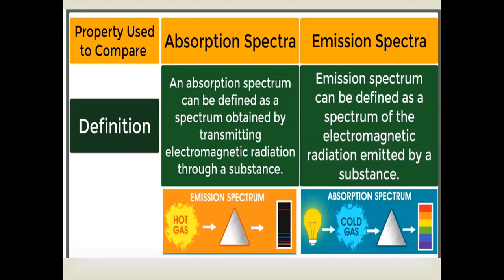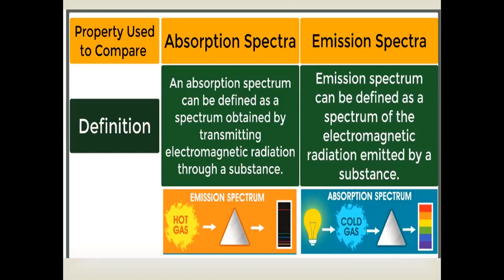Whereas here, your light source gives out some radiation. This radiation passes through a substance and then you study it. Mostly, you will have a clear idea of your light source. For example, here they've given a bulb.